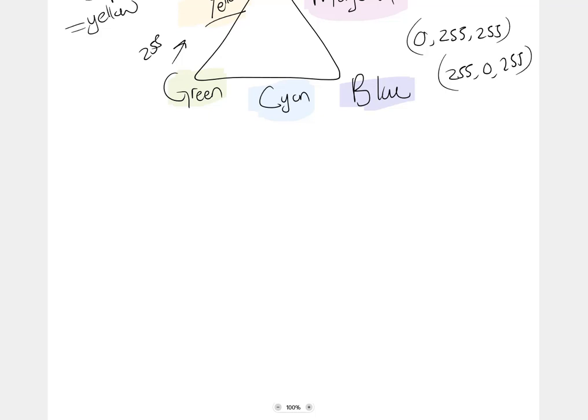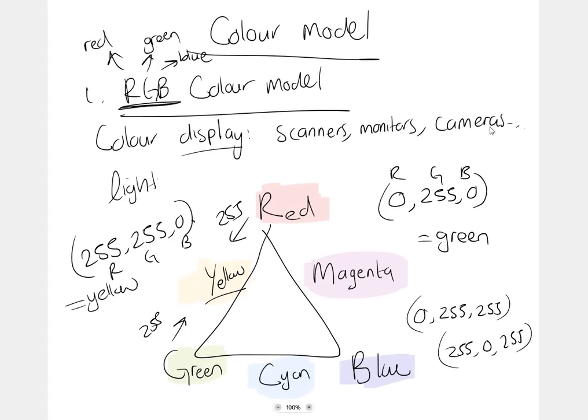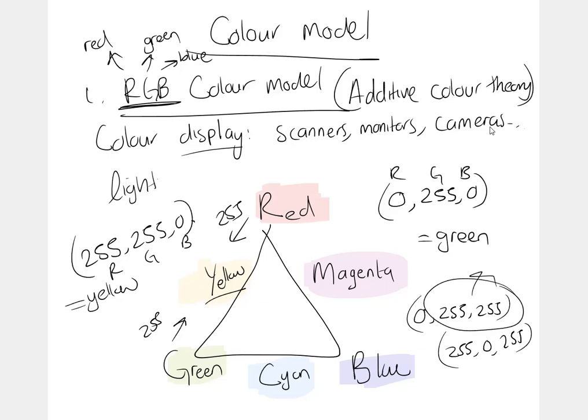Let's look at the other color model, the other one I want to show you, which works on subtractive color theory. The RGB worked on additive. So we were adding colors together. Like here, we add these two to get a new color.